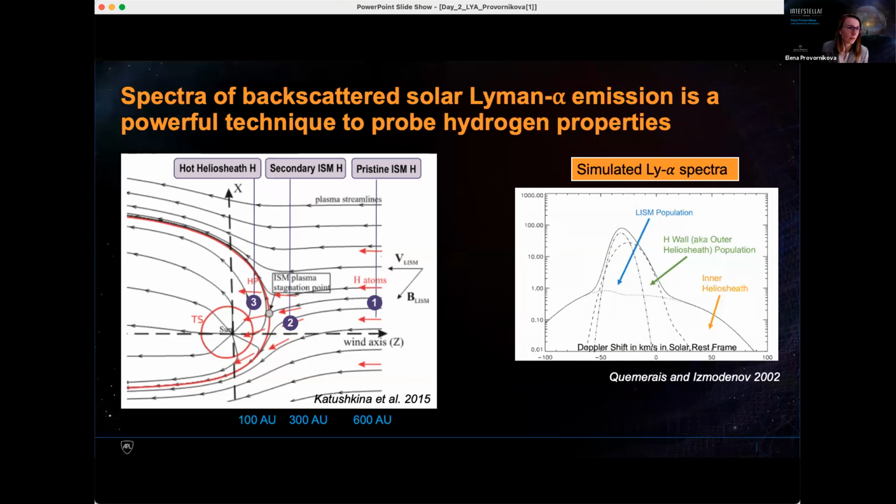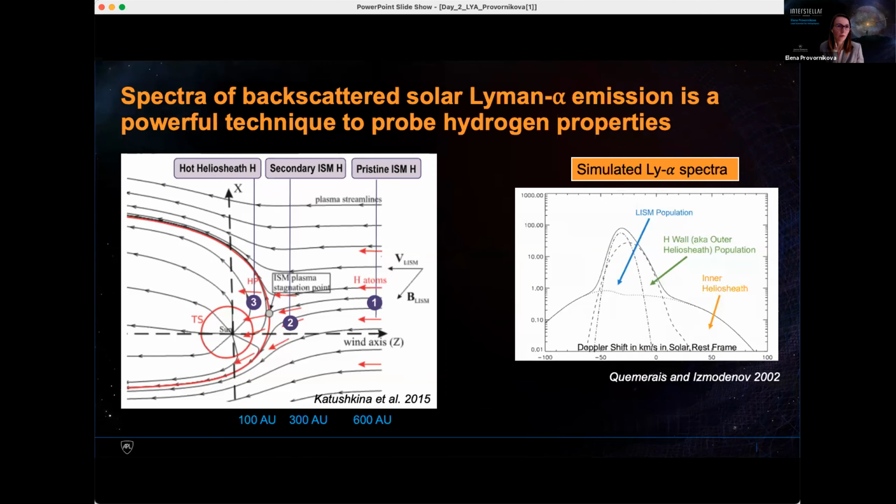Also, the charge exchange process between interstellar hydrogen and plasma protons in the helium sheath creates so-called hot helium sheath hydrogen, which is marked by number 3 in this picture. So inside the heliosphere, and also of course inside the termination shock, we also have the charge exchange process that creates very fast hydrogen atoms.